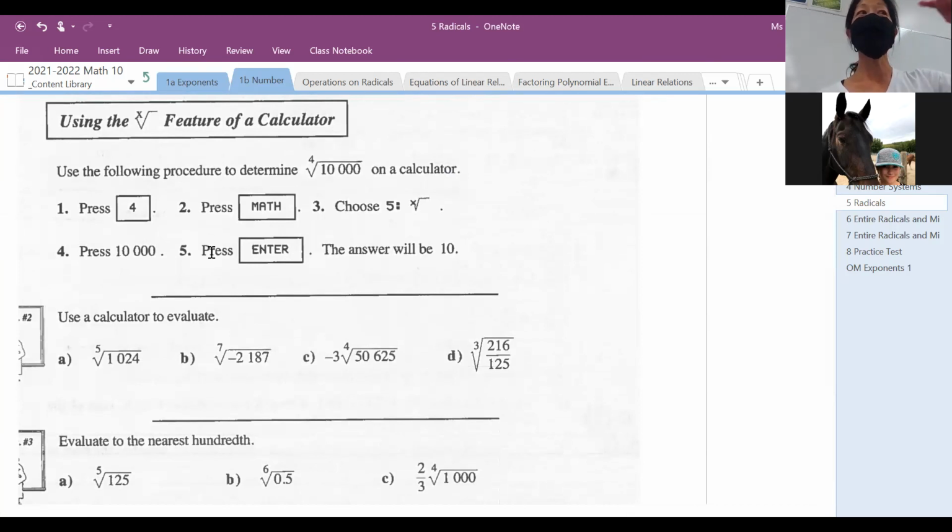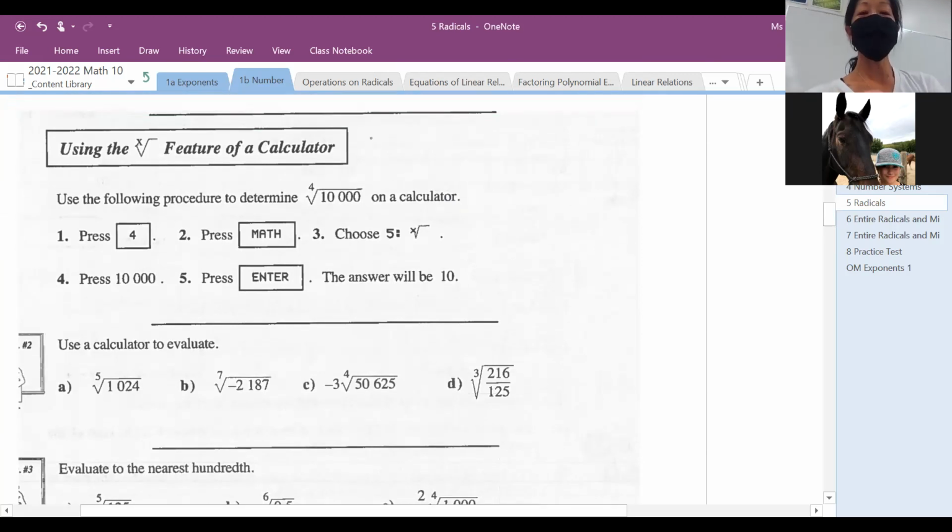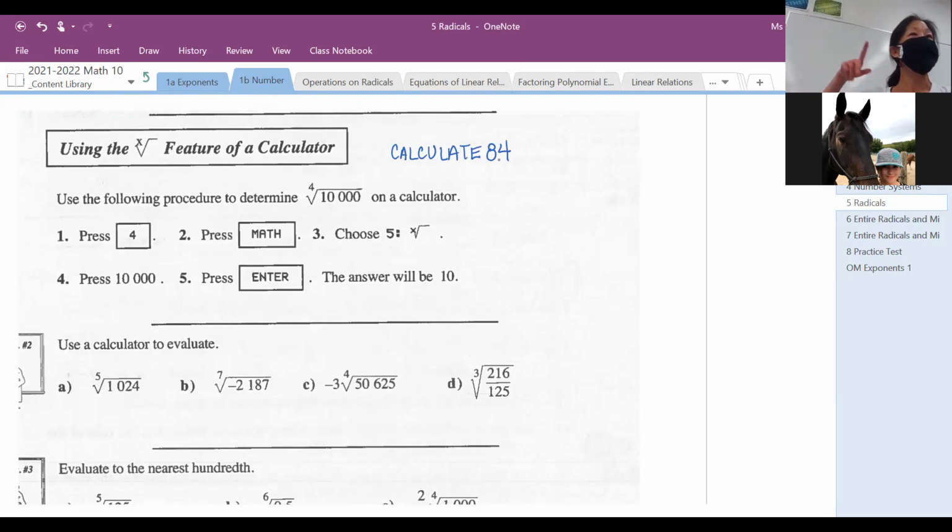If you have an iPhone, there is a free app called Calculate 84. I won't let you use it on a test, but when you download Calculate 84, it looks exactly like the TI-84 graphing calculator.